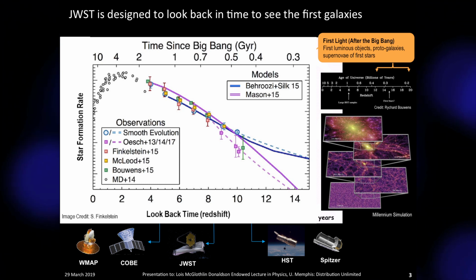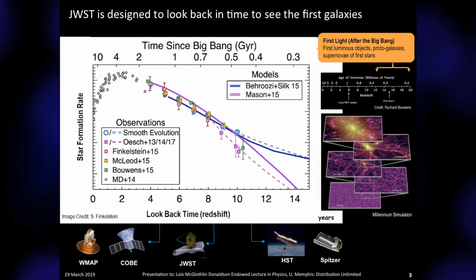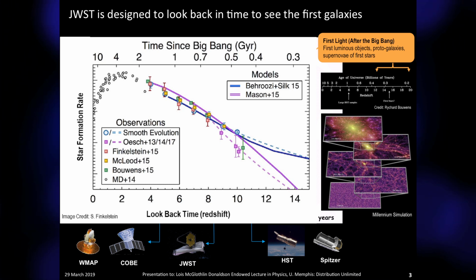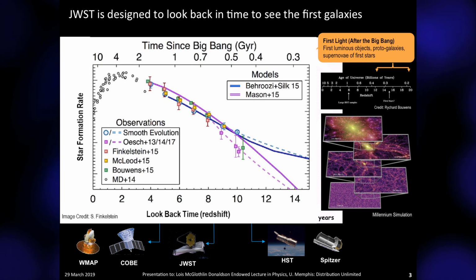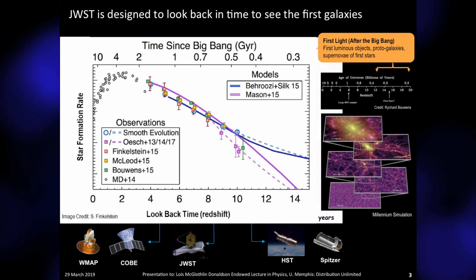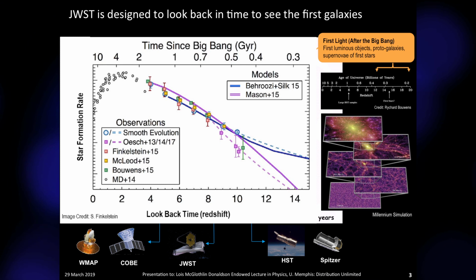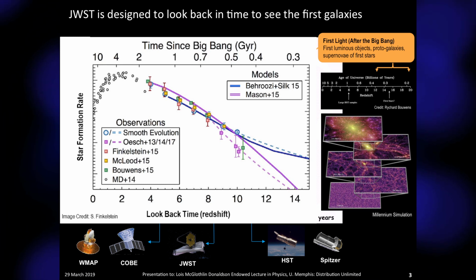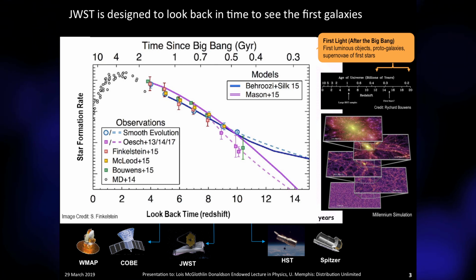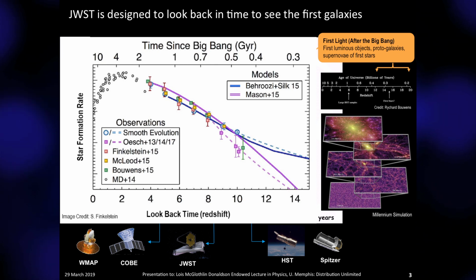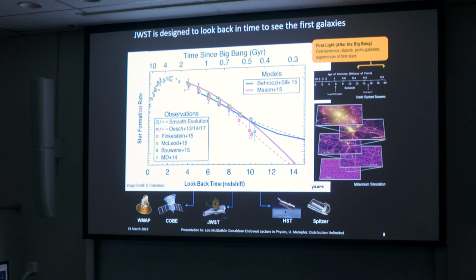But when we say that the JWST is going to observe the first galaxies, we don't mean that after launch you will open a copy of the New York Times and see a picture of the first galaxy. What we mean is shown on this plot, where we will look back in time with the JWST and measure the rate of star formation per unit volume in the universe as we look back in time.